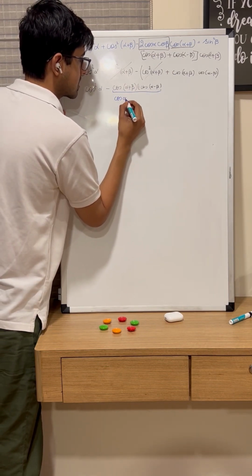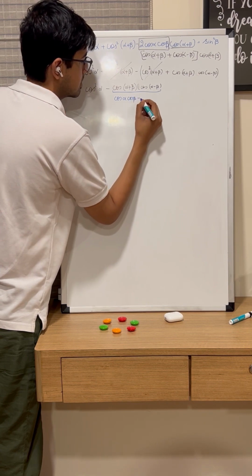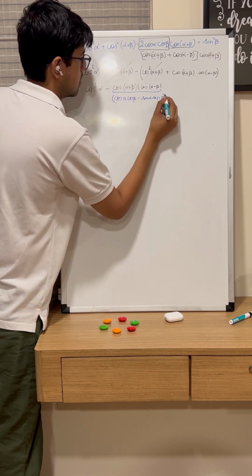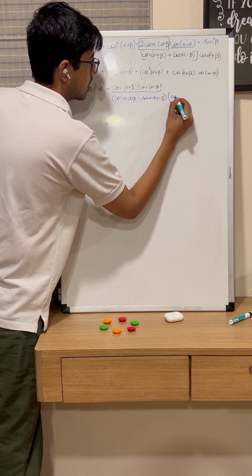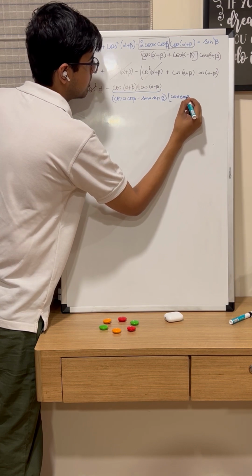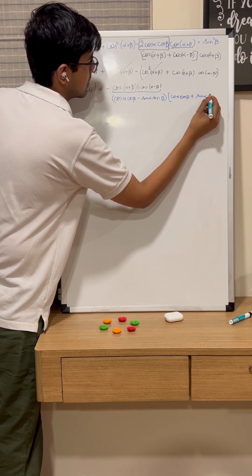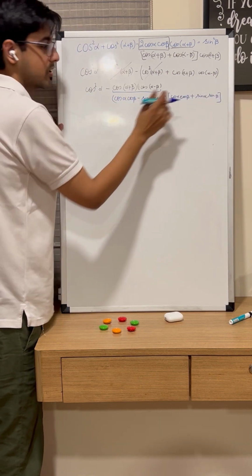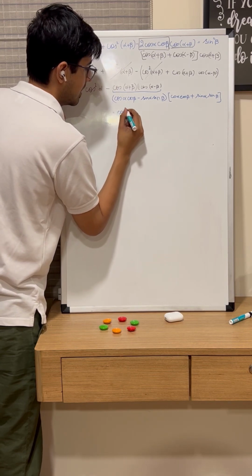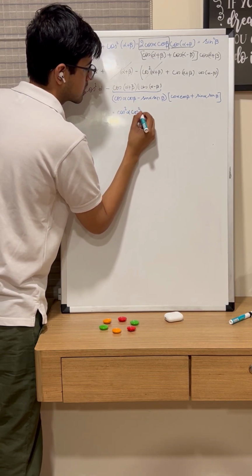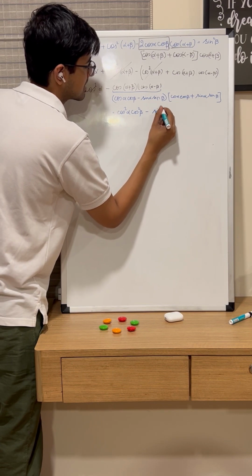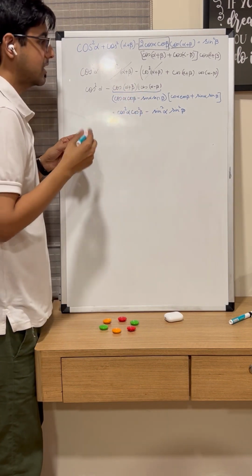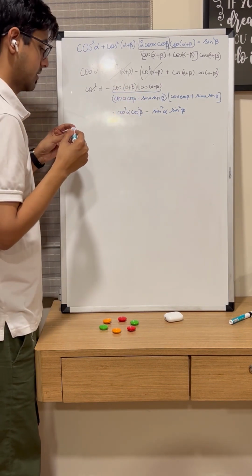This can be written as (cos alpha cos beta minus sin alpha sin beta) into (cos alpha cos beta plus sin alpha sin beta). This is of the form (a minus b) into (a plus b), which I can simplify and write as cos square alpha cos square beta minus sin square alpha sin square beta. Why? Because (a plus b) into (a minus b) is a square minus b square.